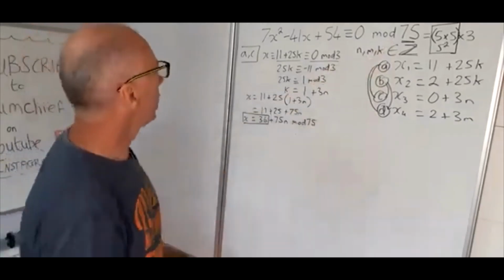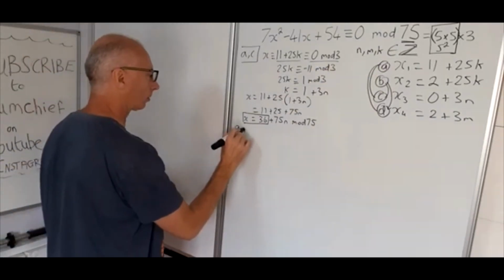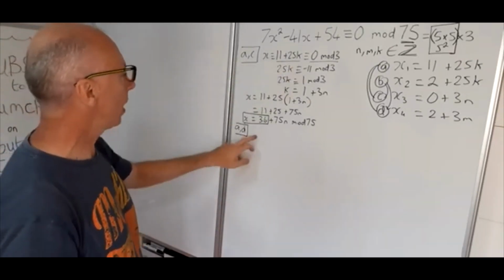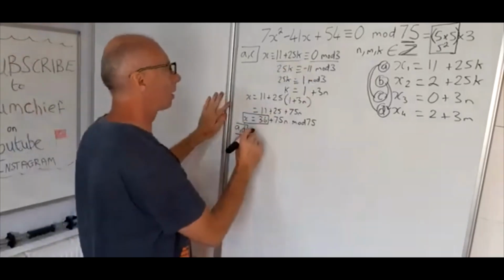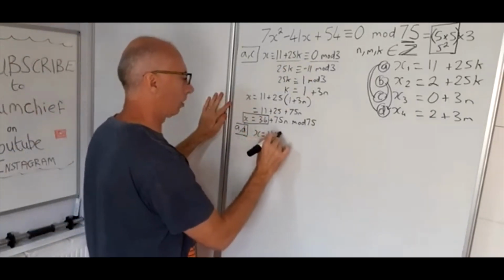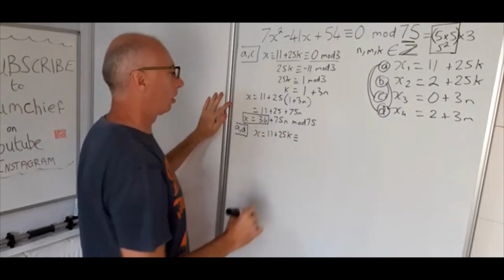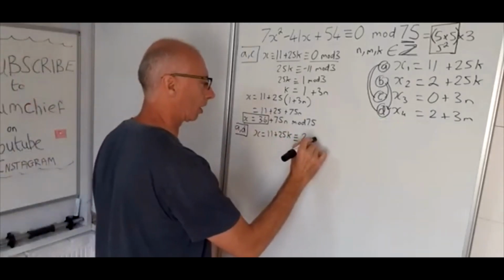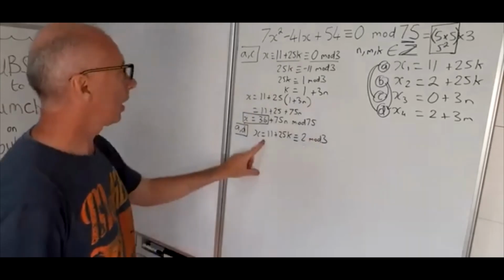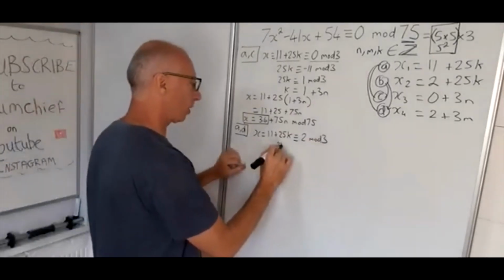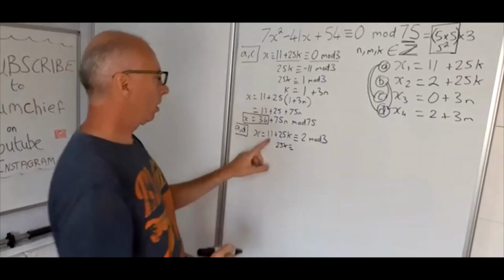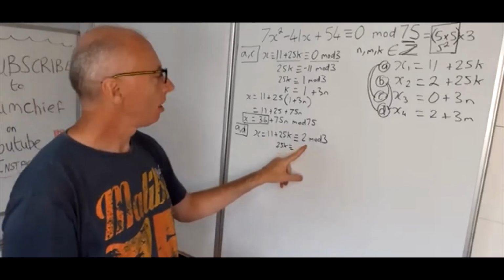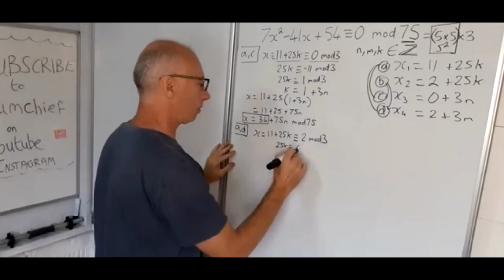Okay, now let's go A and D. So we've got x equals 11 plus 25k is congruent with D, which is 2 modulo 3. Now simplifying this, we've got 25k is congruent with, subtract 11 on both sides, 2 minus 11 is minus 9, and minus 9 is 0 in mod 3 language.